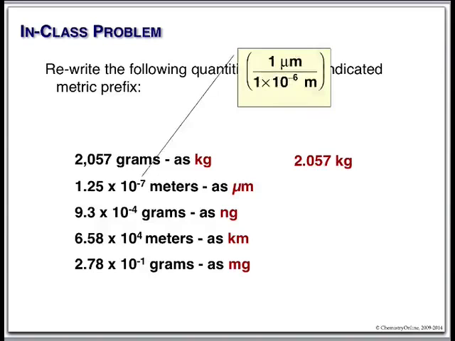So 1 micrometer is the same as writing 10 to the minus 6 meters. Meters will cancel. You'll take 1.25 times 10 to the minus 7 divided by 1 times 10 to the minus 6, and you should get 0.125 micrometers. Now, you could write this as 1.25 times 10 to the minus 1. That's fine. Or you could use a decimal. Either one works fine.